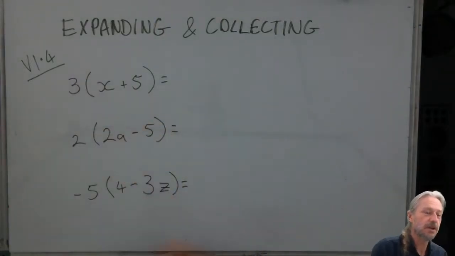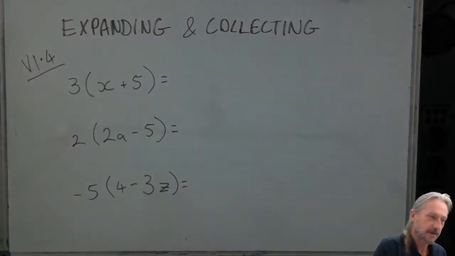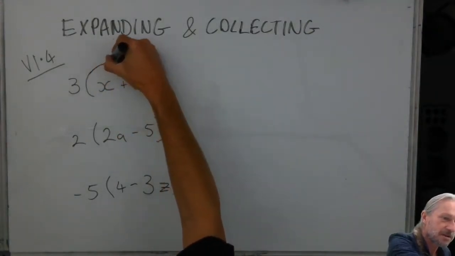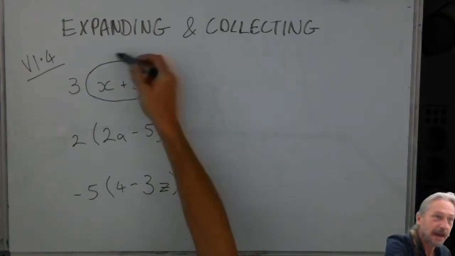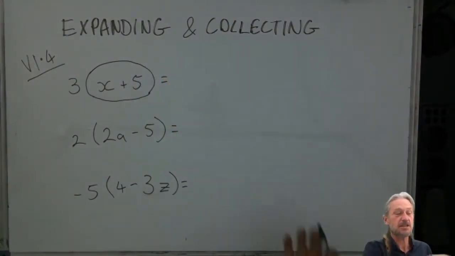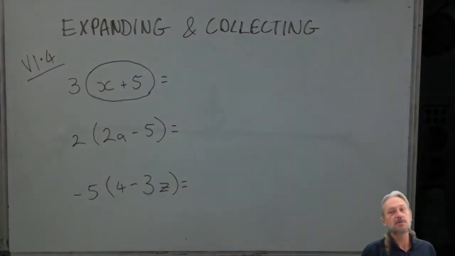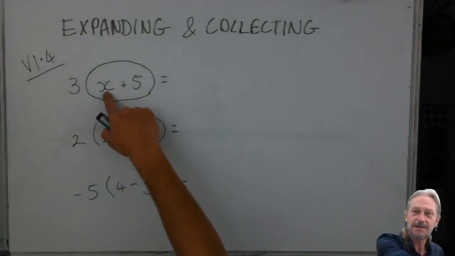because really the thing inside the brackets, I want you to think of, let's just put a circle around it, join those brackets up. Think of that x plus 5 as just a number. But because we don't know what x is, we're starting to introduce some letters in here.